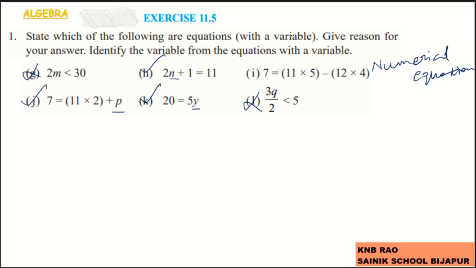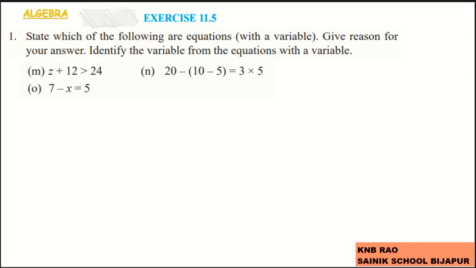Coming to the subquestion M, it is not an equation because it is a greater than relation, not equality. And subquestion N is also not an algebraic equation, it is rather a numerical equation. Then coming to the subquestion O, it is an equation with the variable x.